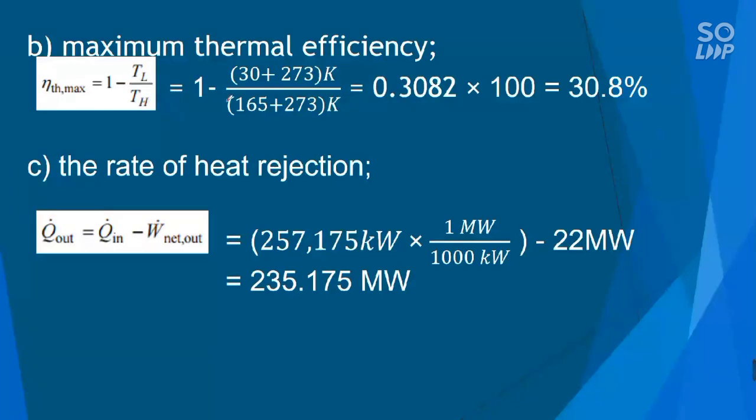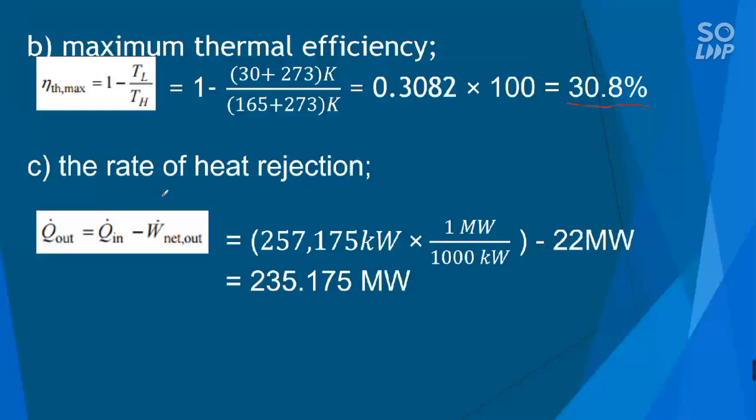Plugging in the given values, we have 1 minus the quantity of 30 degrees Celsius plus 273 all over 165 plus 273. So we get 0.3082. Again, thermal efficiency is in percent, so we multiply this by 100 and we get 30.8%. So our maximum thermal efficiency is equal to 30.8%.